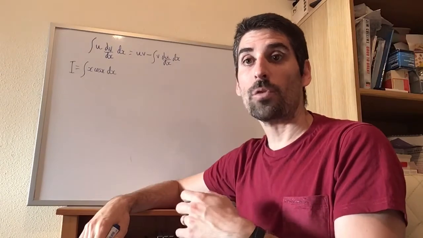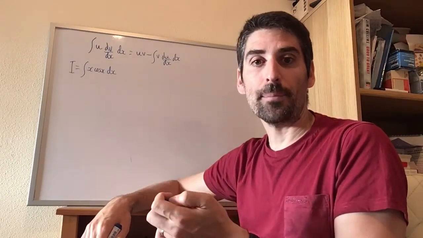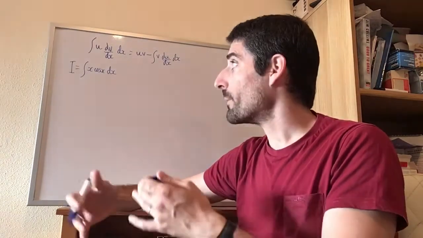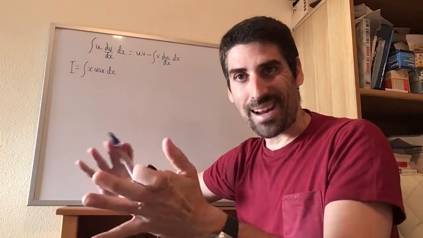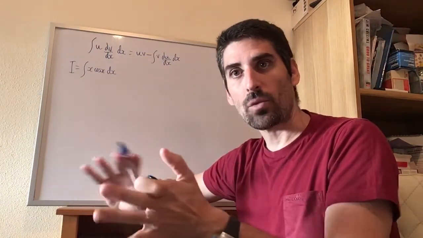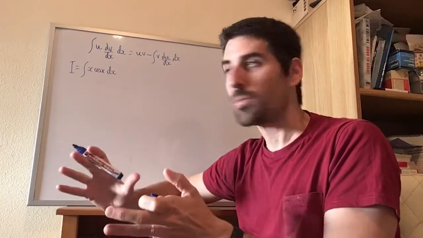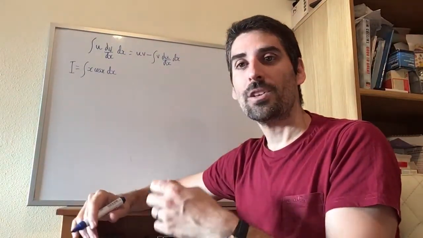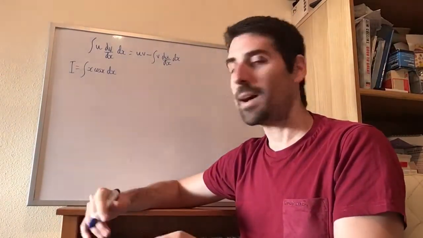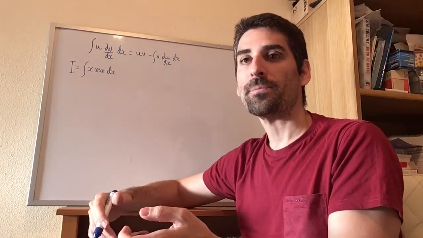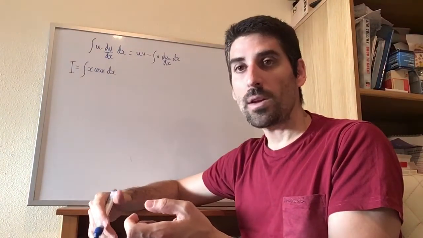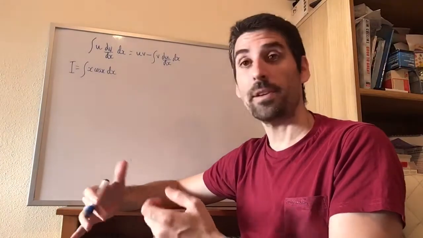All right? Or if I got an e to the x, that is also going to be my dv over dx. That's kind of the general rule, okay? That's what you need to be aware of. Whenever you got that kind of function, your x will be your u term, and your trig function or your exponential function will be your dv over dx.